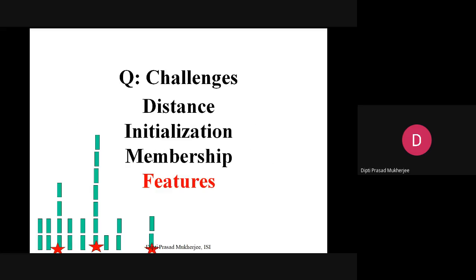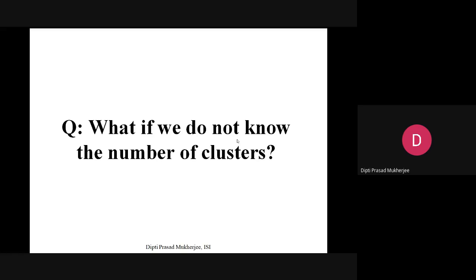Okay, so naturally, if we look at this initialization problem, the first question that comes to our mind is what if we do not know the number of clusters? So a company is trying to sell a product. The first question that comes to the company's mind is, will there be a customer for this product? How do I know? Well, you do a market survey. And what is a market survey? You get certain answers to certain questions.